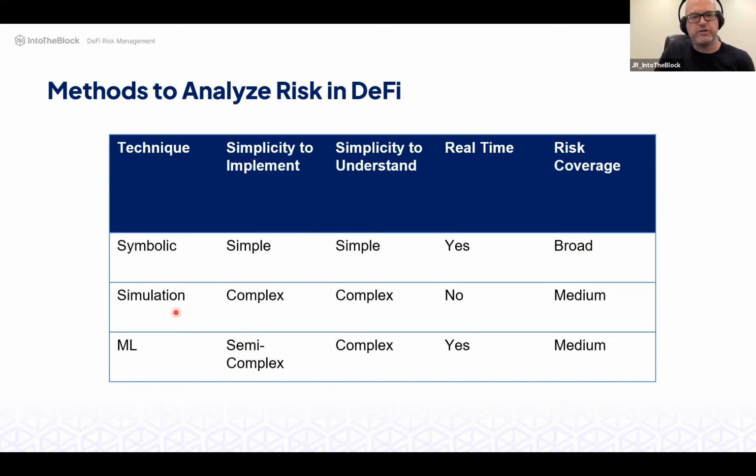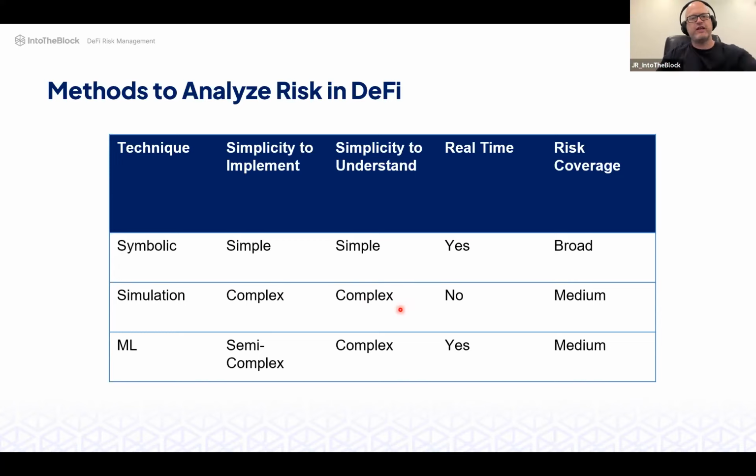Simulation, there is a question about can we use an example. Simulations are very complex. These are used for, should we assign more weight to a specific pooling curve or not? Should we change the collateralization ratio of a specific lending market in Aave or not? These are difficult to implement and also difficult to understand because most of them are not discrete and they're not real time.